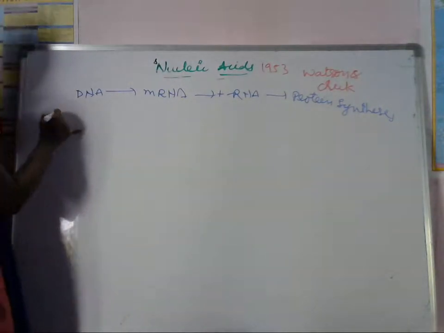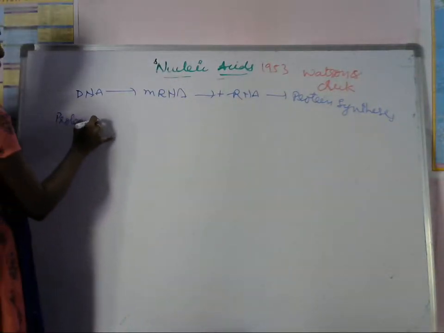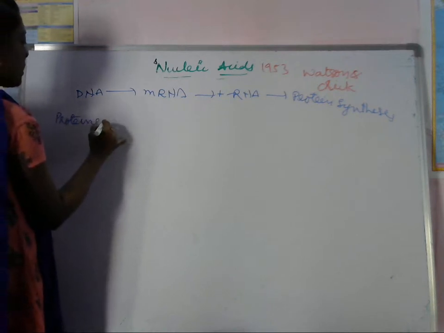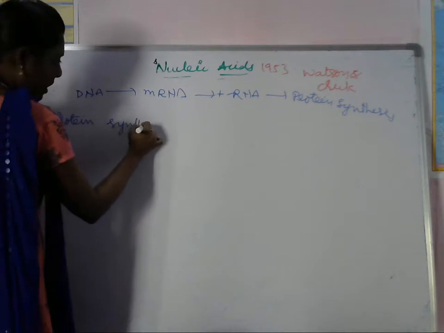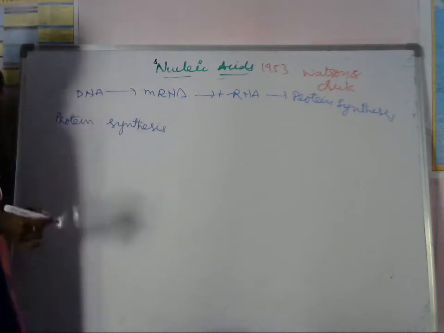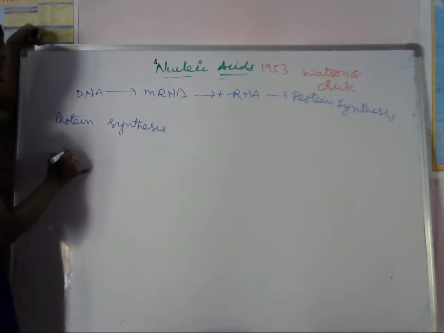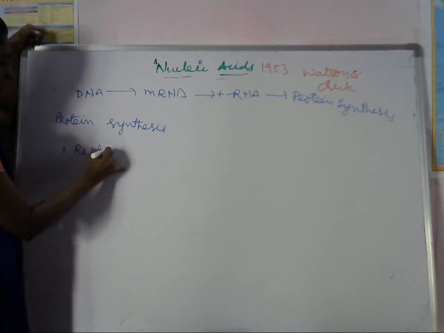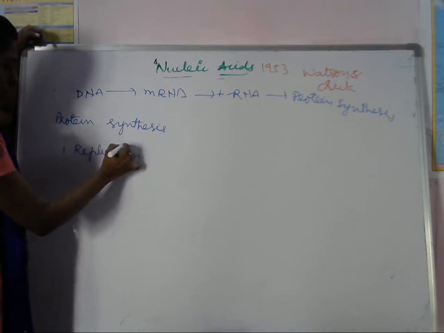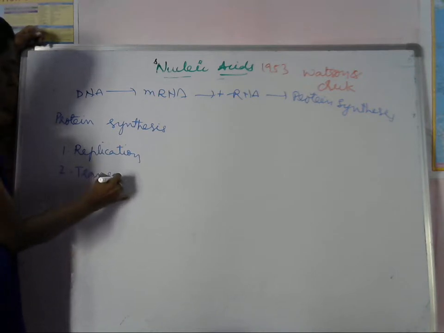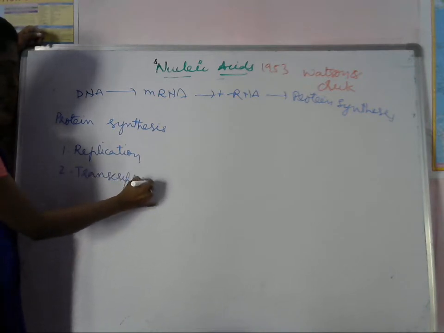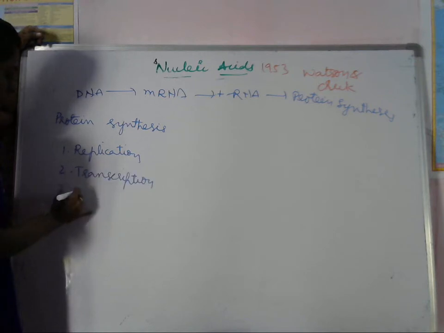For getting proteins, three processes should be done, which are replication, transcription, and the third one is translation.